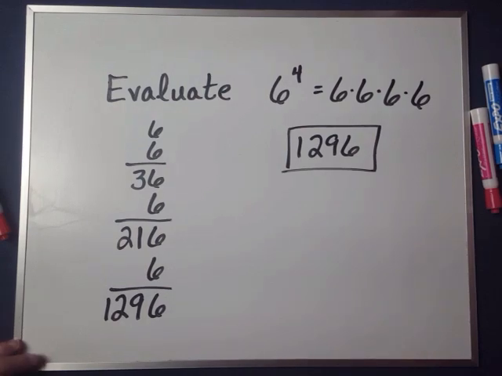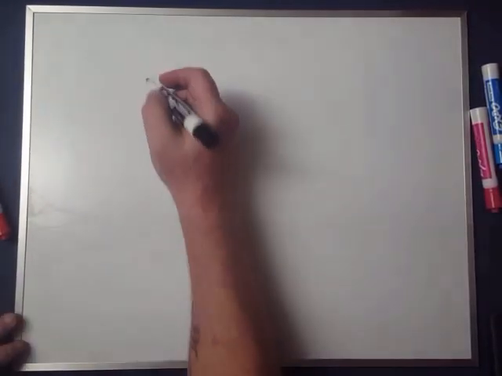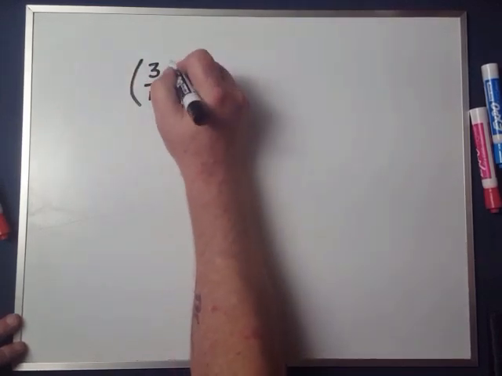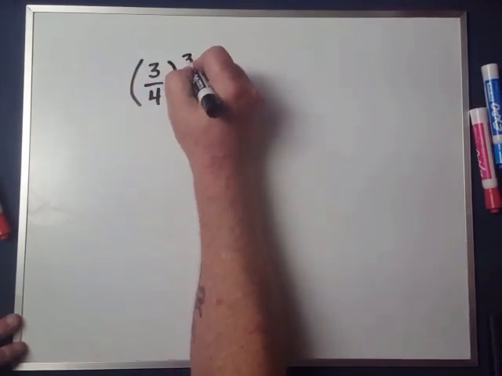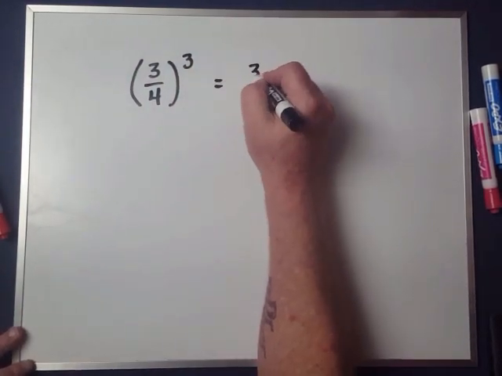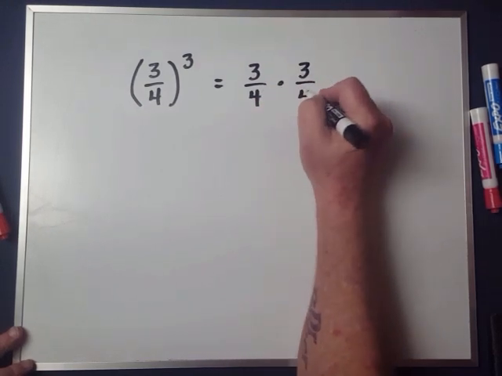All right, let's look also now at number 30 in this same batch of problems. Still under the same instructions, evaluate. We want to look at what is 3/4 raised to the 3rd power. This is 3/4 times itself 3 times.